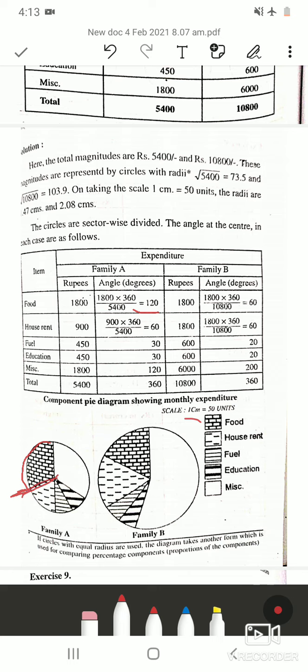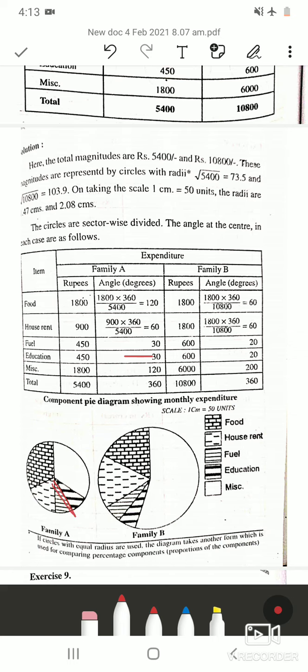Then keep your protractor over here, it will be something like this. Then for the next degree, 60, mark 60 from here and similarly join the straight line. Then keep your protractor on that straight line and mark 30 degrees from there, and join it with a straight line.